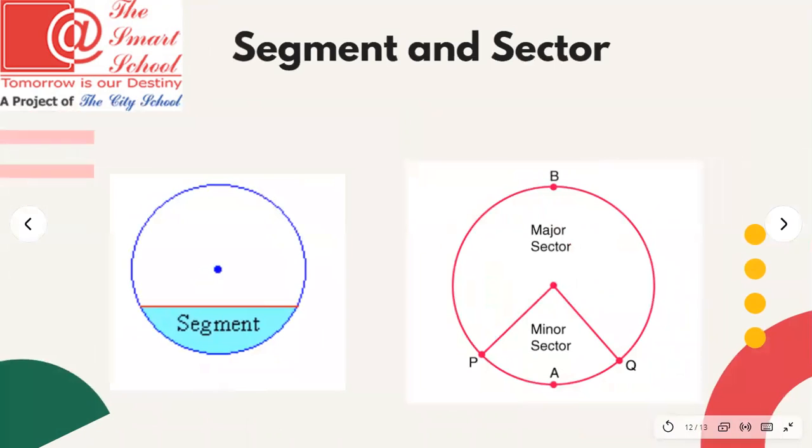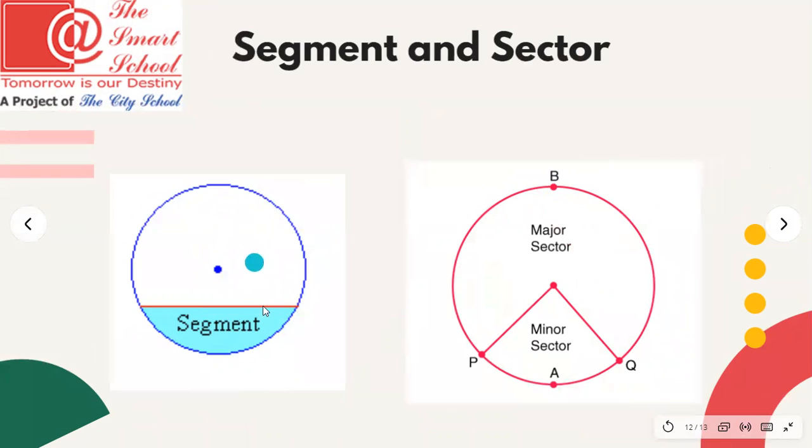Now come to their figures. The first figure is showing you the segment of the circle. As you can see on the screen, the shaded region enclosed between the arc and the chord is called the segment of the circle, and this segment is called the minor segment of this circle because this chord has divided the circle into two parts.